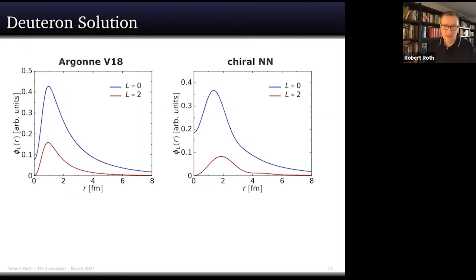The only thing that is left here is the interaction. And you remember this characteristic form of a van der Waals type interaction with this strong short-range repulsion. This short-range repulsion suppresses the wave function at short distances. This is kind of an energy penalty that your nucleons would have to pay if they come too close to each other.